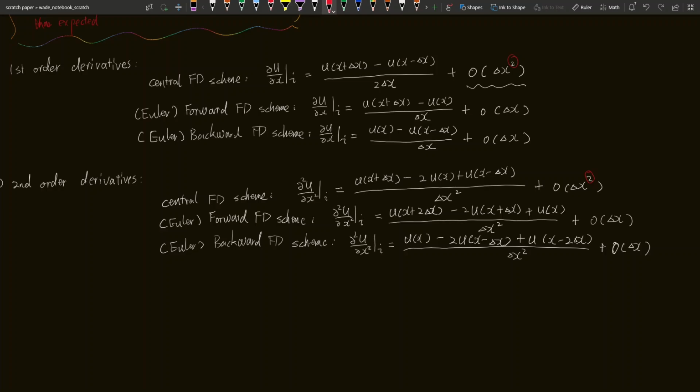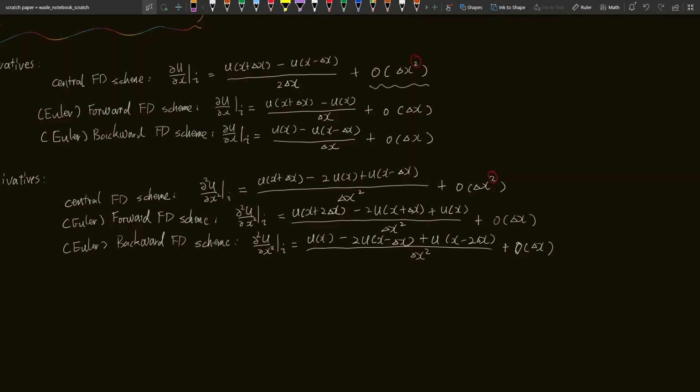And for the forward and backward finite difference schemes, for both the first order derivative and the second order derivative, we are taking the information either from the left-hand side, which we can call a forward field, or the right-hand side, the backward field. So in the forward scheme, for example for the first order derivative, we are copying the information from left to right.